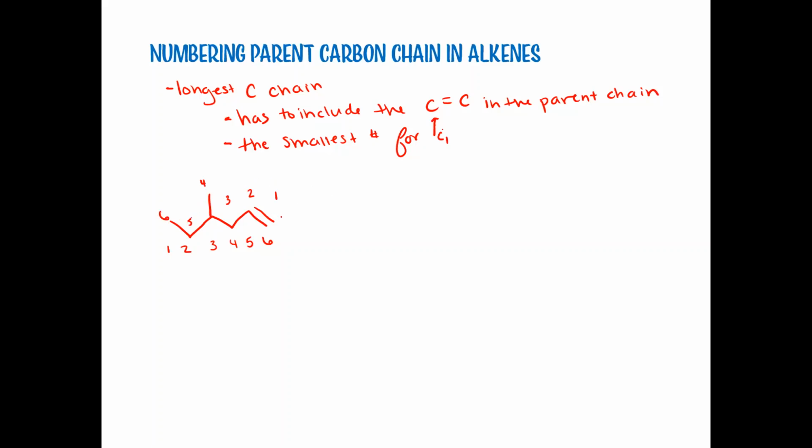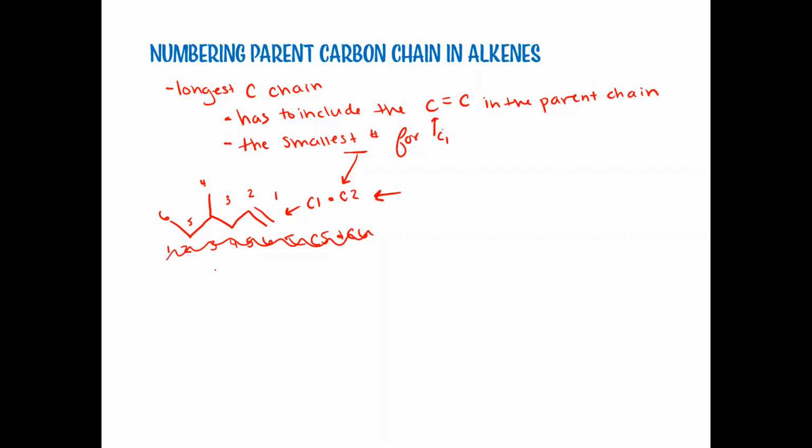This way, the double bond is at carbon 1 and carbon 2. This way, it's carbon 5 and carbon 6. So we want the smallest number for the double bond. This method is what we want. We're not going to do the bottom.